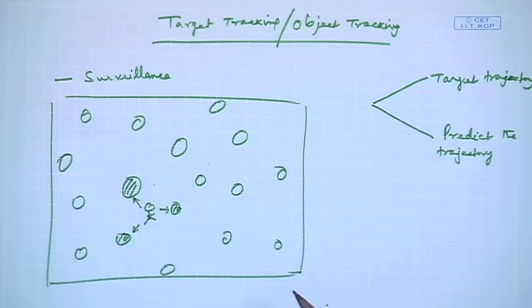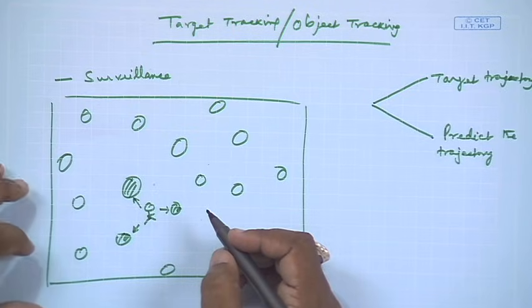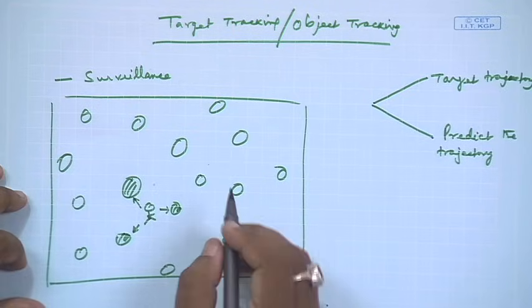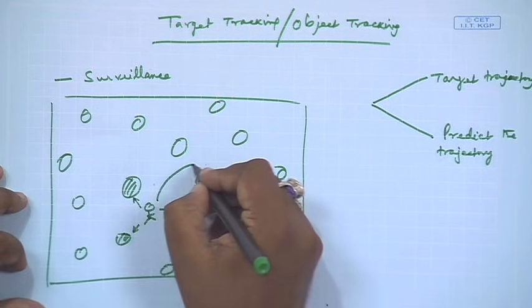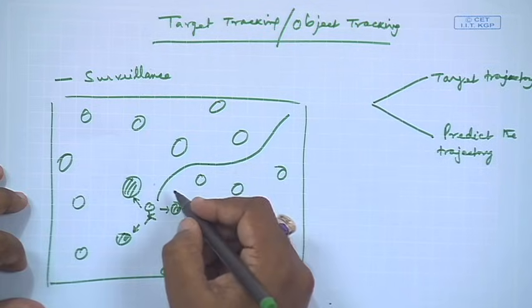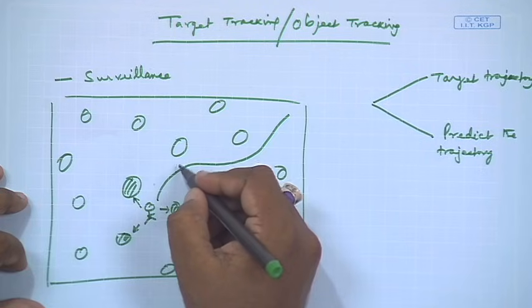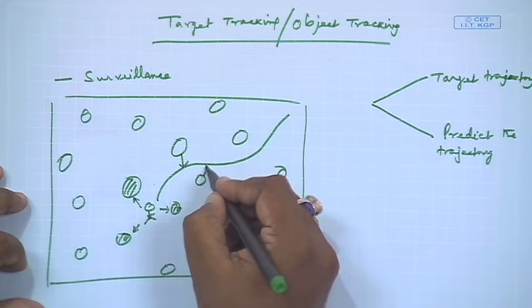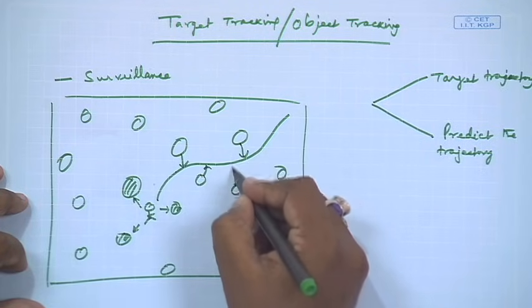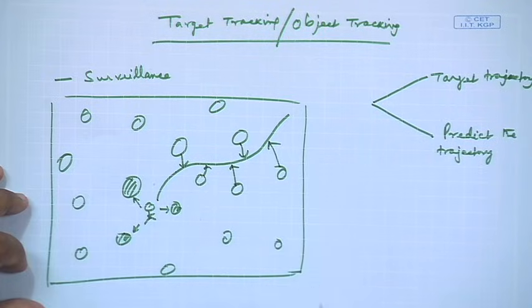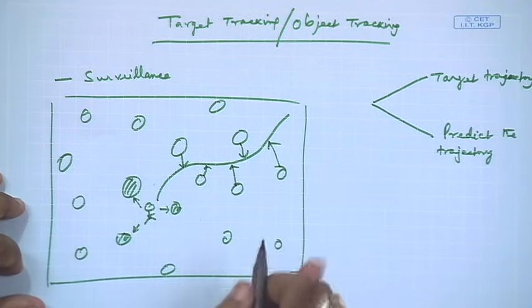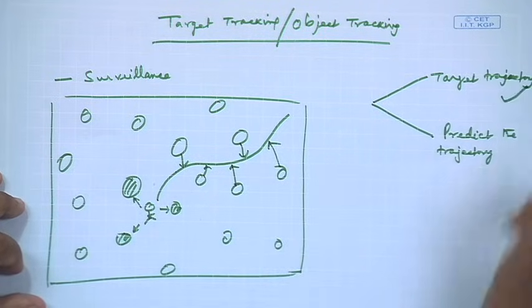The problem of target tracking is that when this target moves, the trajectory of that particular target has to be followed by these different sensors on the way. So, this is one particular problem.